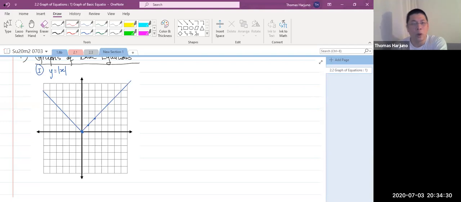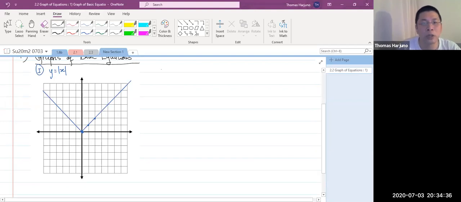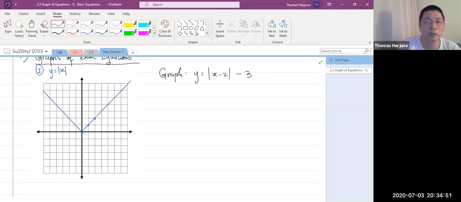Okay, now that's what the shape looks like. Now, why do I need you to memorize this graph? Because then the next thing we will do is to do translation. If I ask you to graph, for example, y equals to absolute of x minus 2 minus 3. Let's say x minus 2 first.